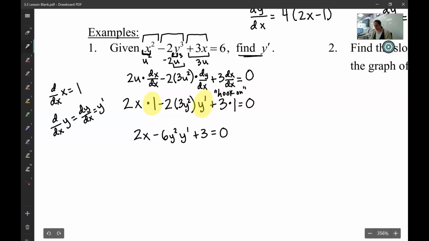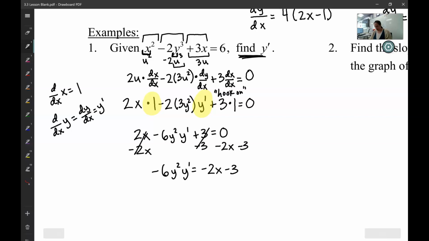Now this says specifically find y prime. So what I need to do is now solve this whole equation for y prime. So the first thing I'm going to do is bring anything that does not have a y prime in it to the other side.